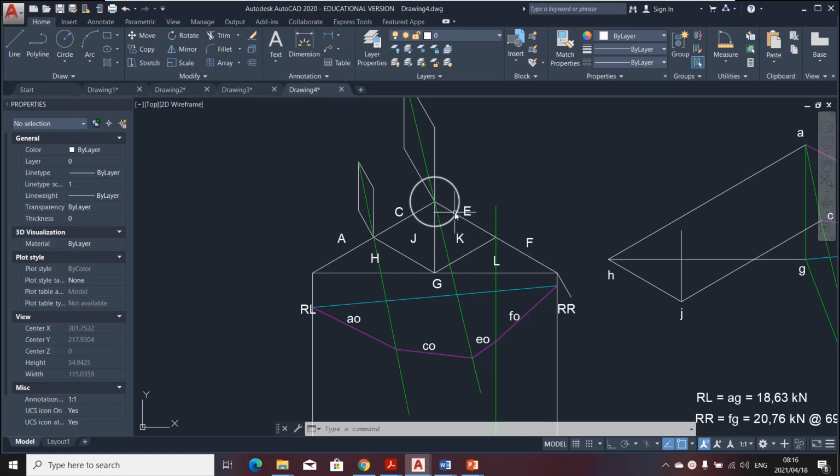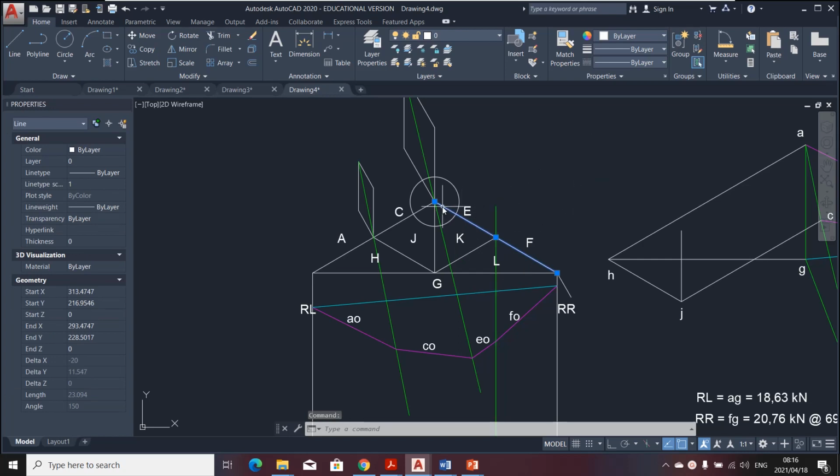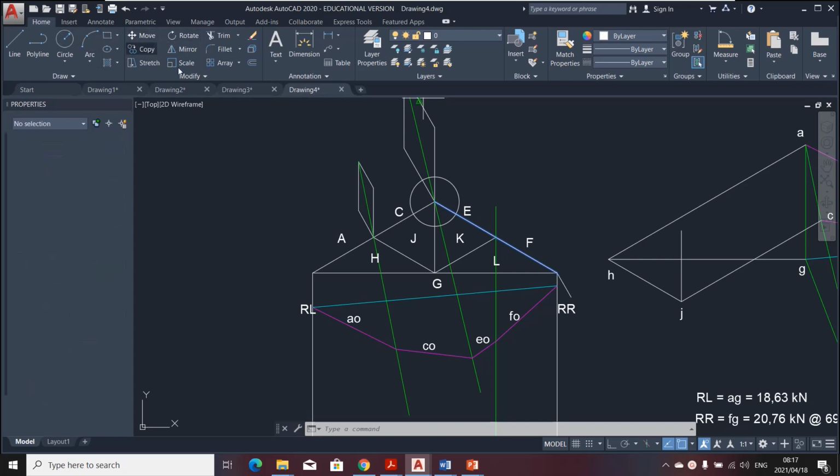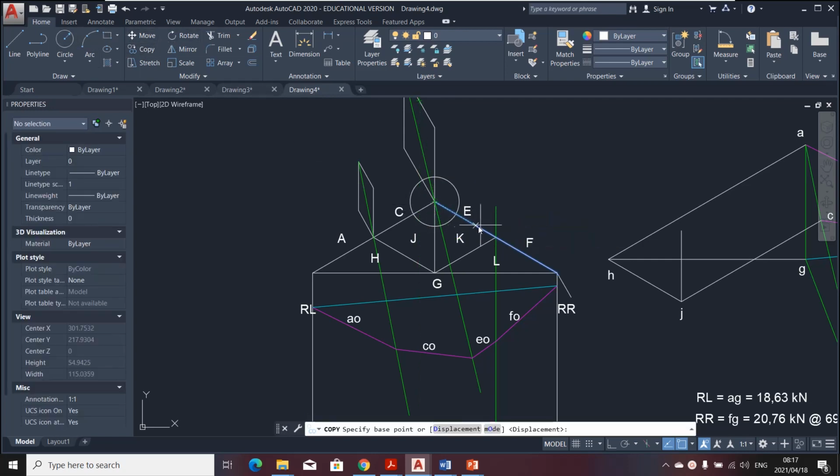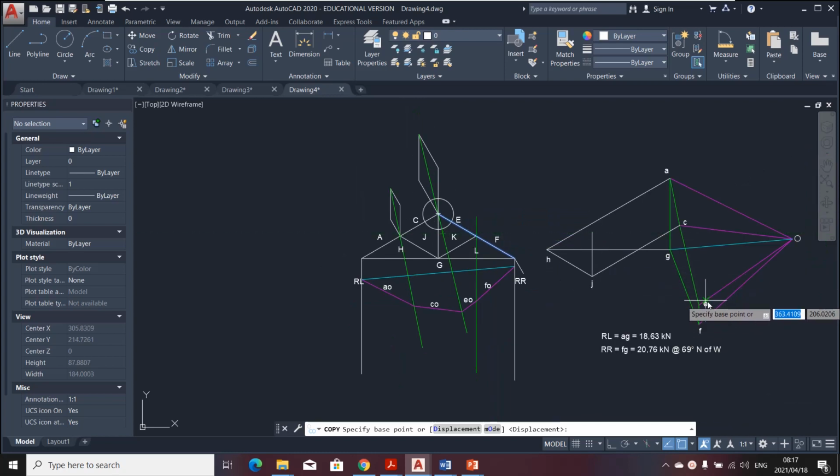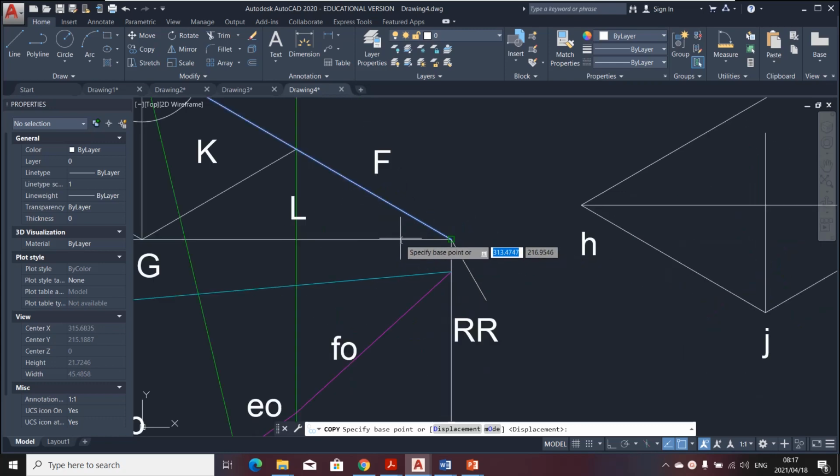Where is that one? Okay, EK, which is also the outside member, acting at an angle of 30 degrees. I'm gonna offset it. Okay, I do have E. Where is my E? E is here, right? So I'm gonna come here.